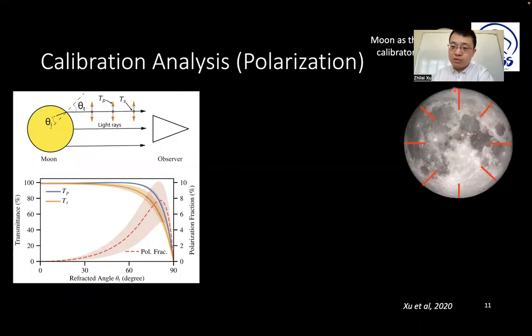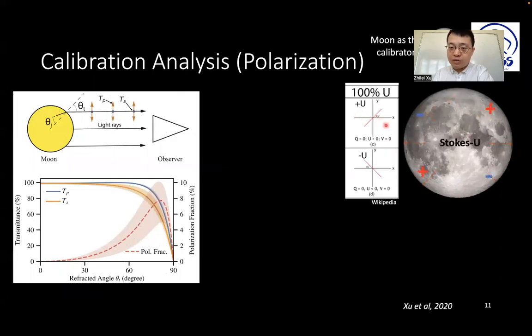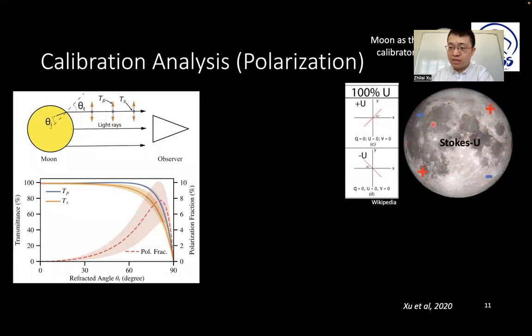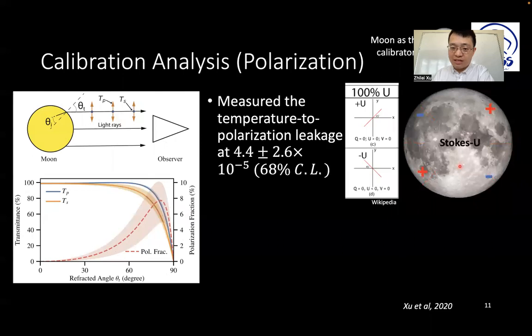The instrument we have measures Stokes U, which is this direction positive, this direction negative, and it turns out to be a quadrupole we expect from this moon polarization pattern, which is orthogonal to the monopole pattern that we observe for the intensity. So that's a way we can constrain the temperature to polarization leakage.